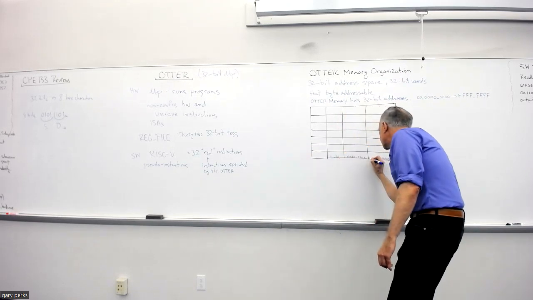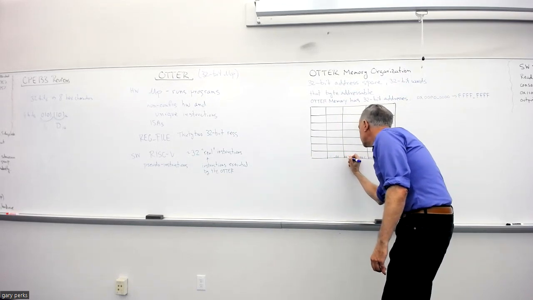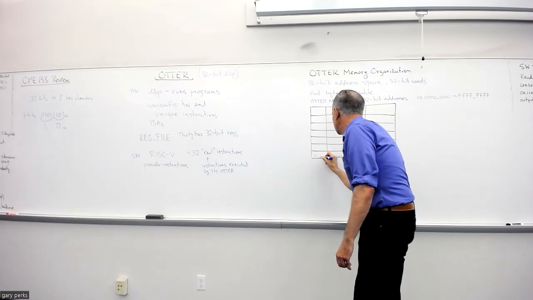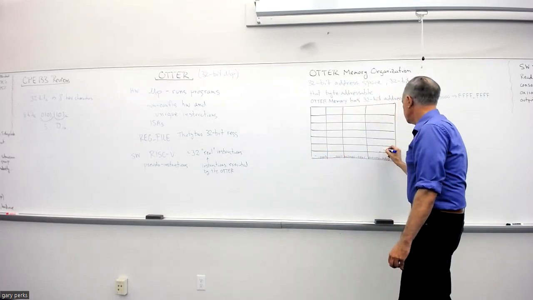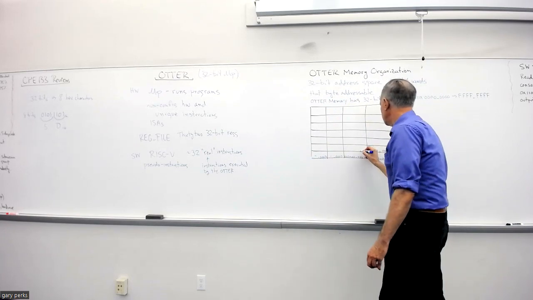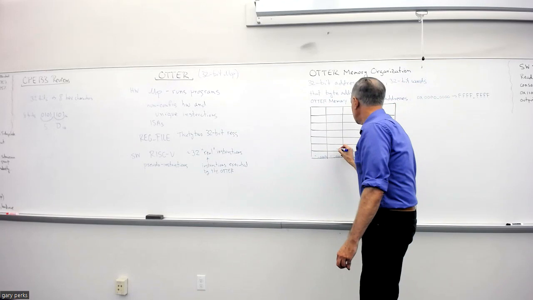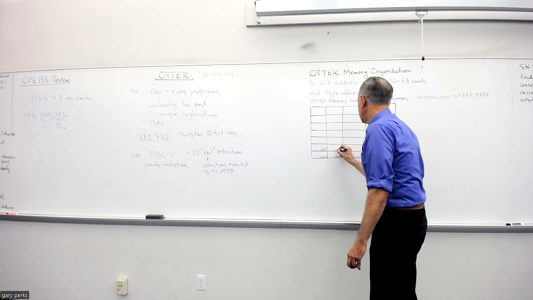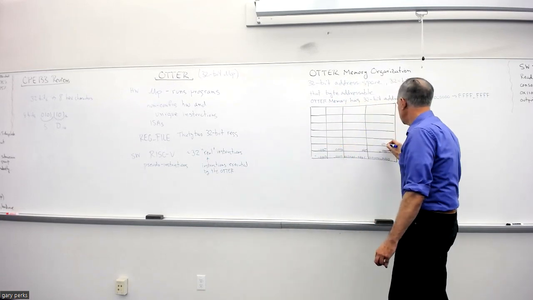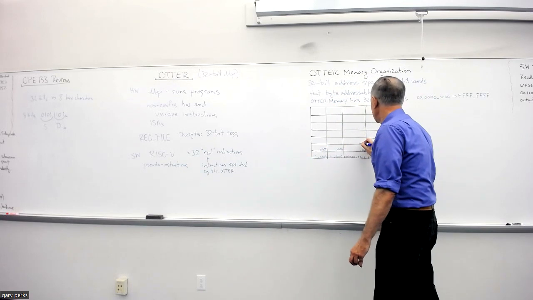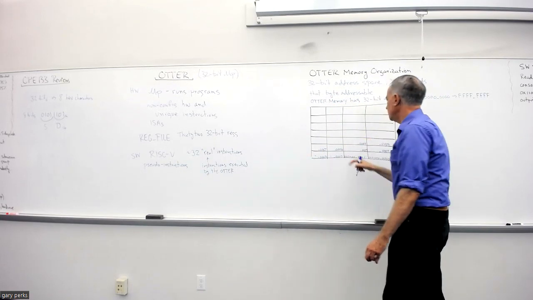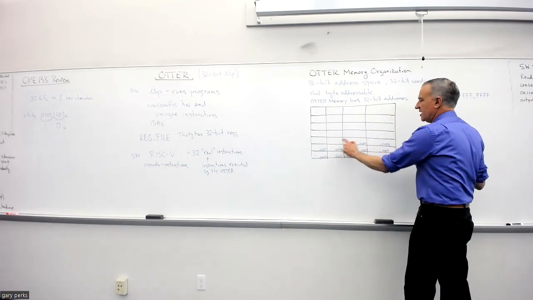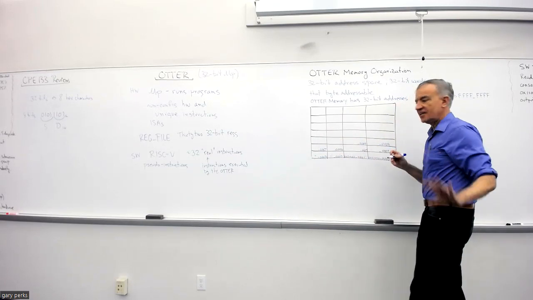And this is all in hex again. Address 0, 1, 2, 3, 4, 5, 6, 7, 8, 9, A, right? Because it's hex, so A is 10.